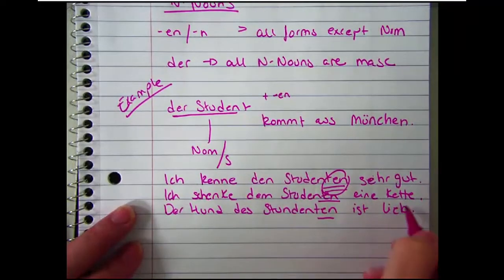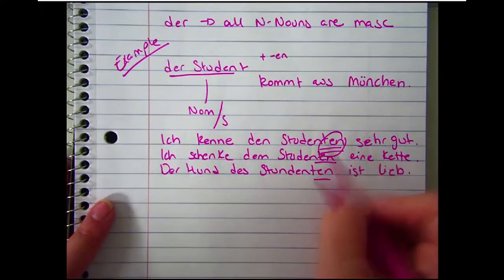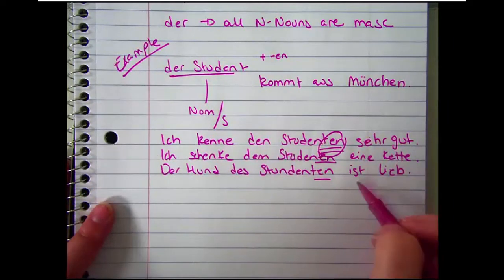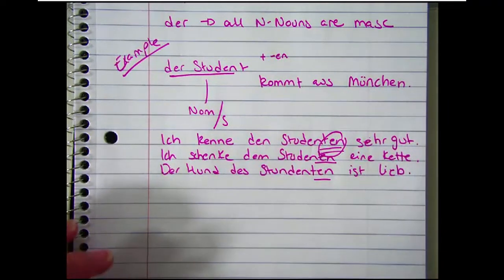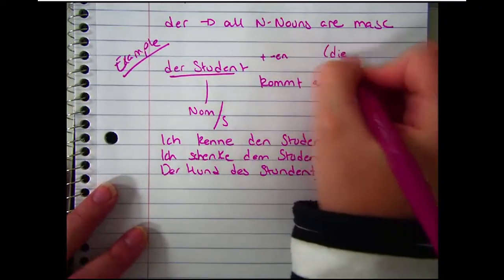So the dog of the student is friendly. Okay, so in all forms except that nominative singular form, I have an extra en, and of course that also matches my plural form. So the plural of Student is die Studenten.